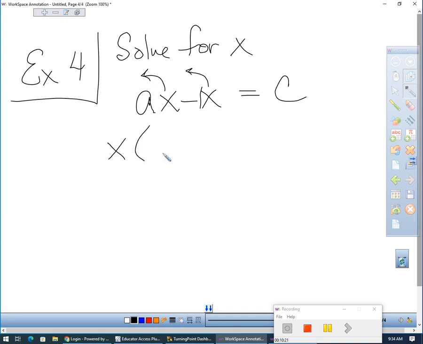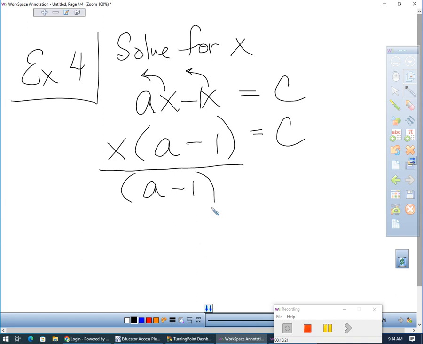If I take it out of here, I get a minus, if I take it out of here, I get 1 equals c. Now our very last step to get x by itself is to divide. X is being multiplied by this parenthesis of a minus 1, so I'm going to divide by a minus 1. Whatever I do to this side, I have to do to this side. So my final answer will be x equals c divided by a minus 1.